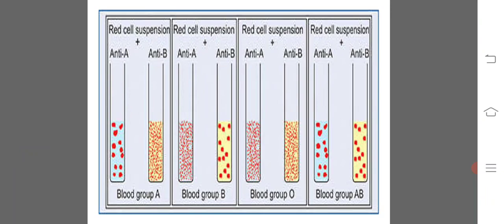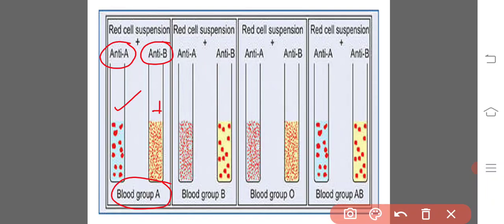See here, we will see the ABO blood groups. Here the sample is blood group A. How they react with the addition of the anti-A or anti-B antibodies. We have taken A blood group individual's blood and we have added anti-A antibodies and anti-B antibodies to both the test tubes. Due to the presence of the antigen A in the blood group A people, here agglutination takes place and here no agglutination.